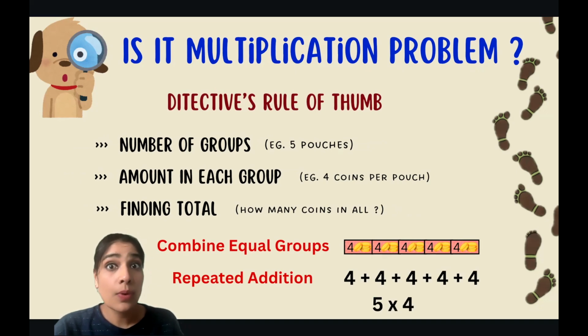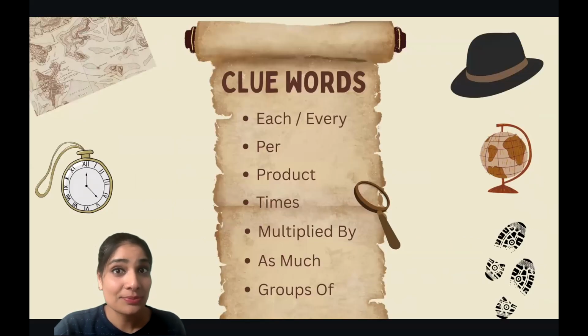Do you know the word problem may also have certain clue words that tell us it's multiplication? Let's look. These clue words may look like each, every, per, product, times, or multiplied by, as much, groups of. If you see these clue words, it may be a hint that it's a multiplication word problem.